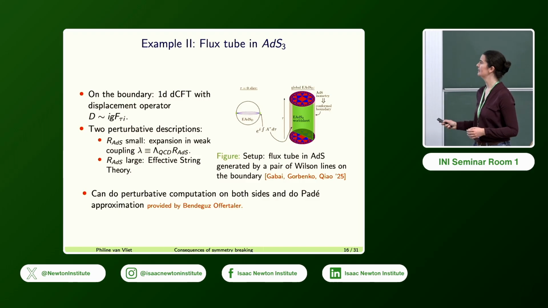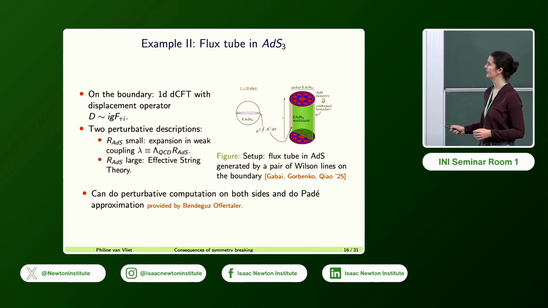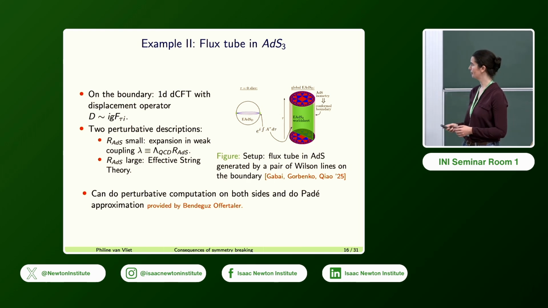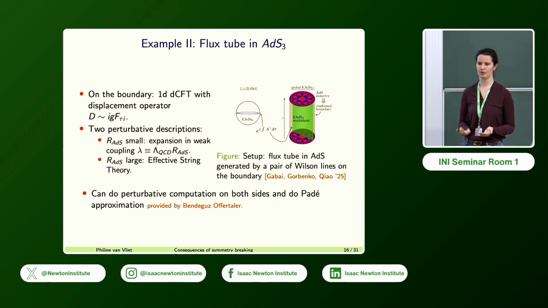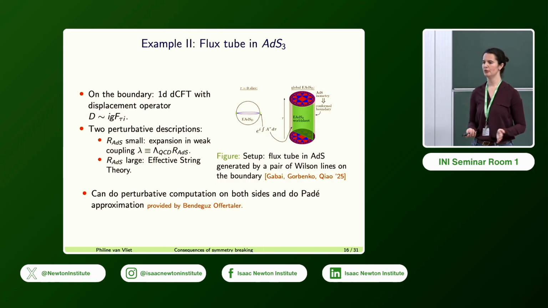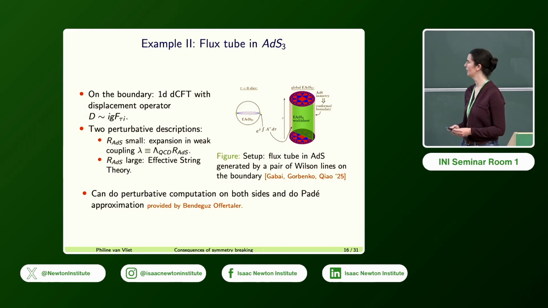In this case, it's given by the field strength F, so F is d_mu A_nu minus d_nu A_mu. And this takes the role of the displacement operator. And in this paper, they check that indeed the relations we just derived for correlators of the displacement still hold, and we can still use them.